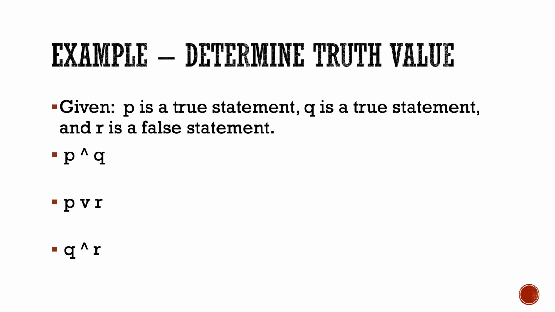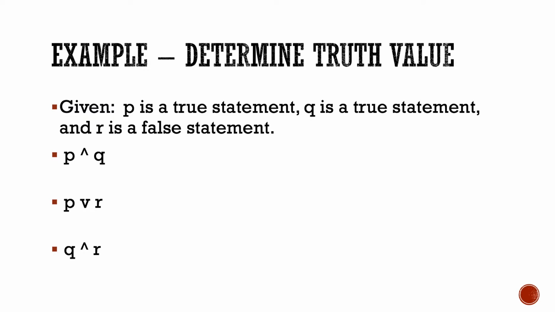So let's look at a problem where we are asked to determine the truth value. We are told that P is a true statement, Q is a true statement, and R is a false statement.